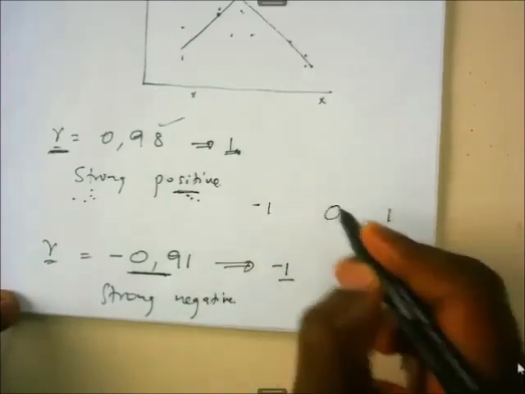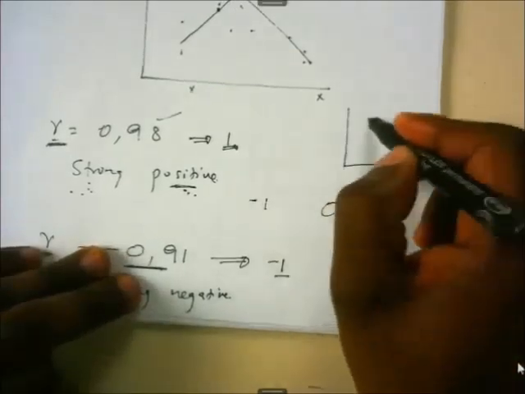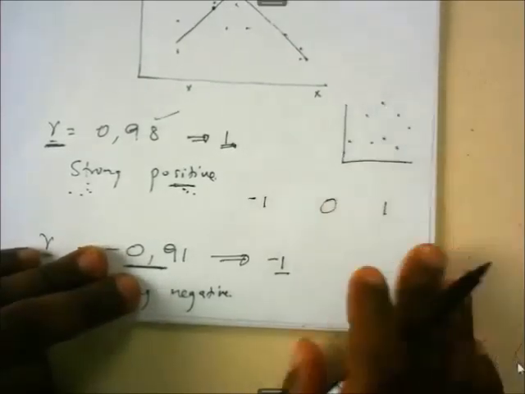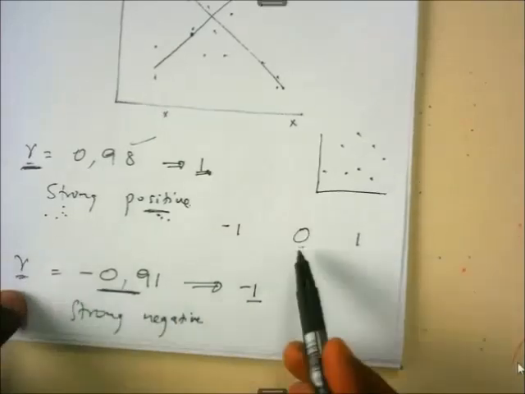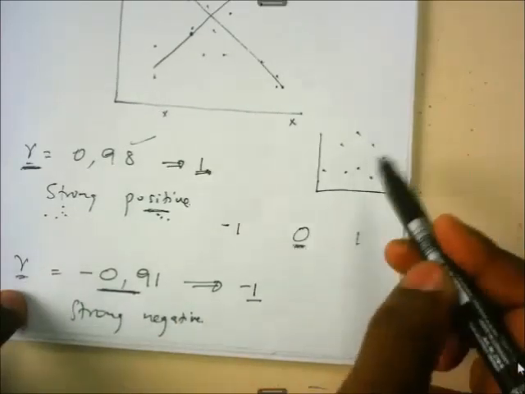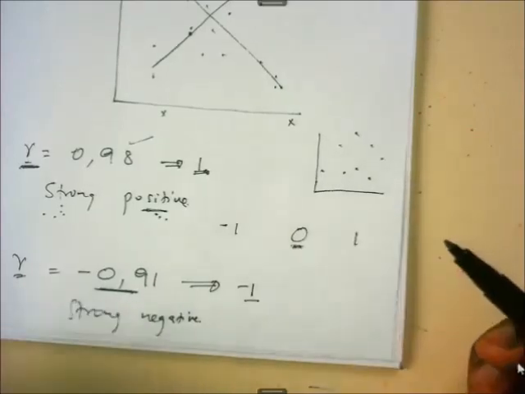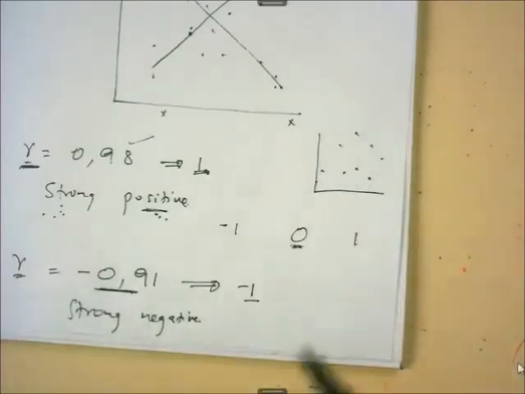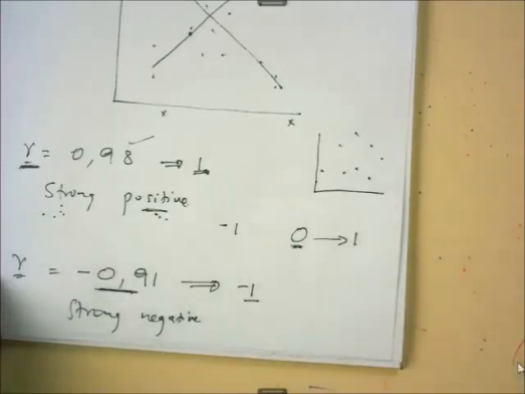If it is 0, it means there is no correlation. If the value of R is very, very close to 0, then when you draw the points as a scatter plot, they will give you no correlation at all. Going to a positive value, it becomes moderate or strong positive, but it's positive in that case.